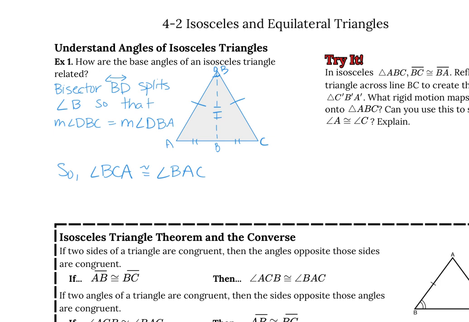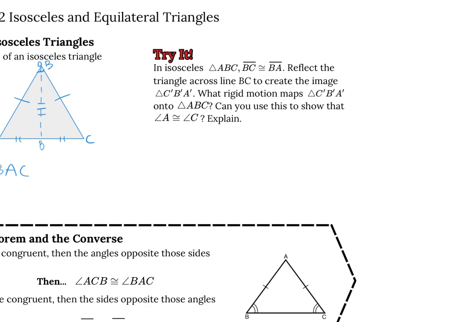Okay, and then I could use side-side-side, or I could use side-angle-side to prove congruence through corresponding parts of congruent triangles, that BCA is congruent to BAC.